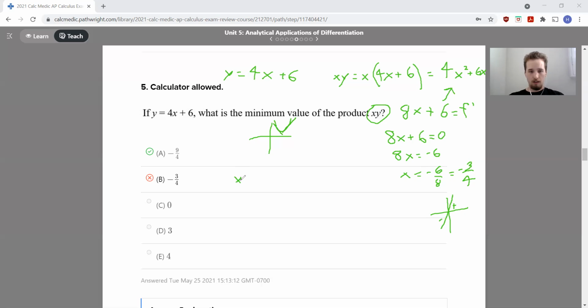So xy is equal to 4x squared plus 6x. When we plug in negative 3/4 for x, we get this plus 6 times negative 3/4.